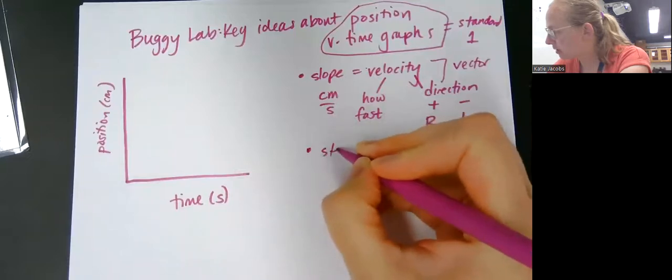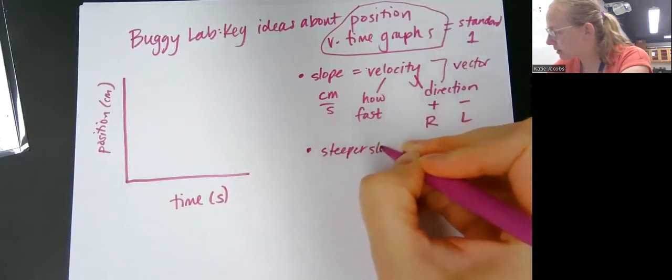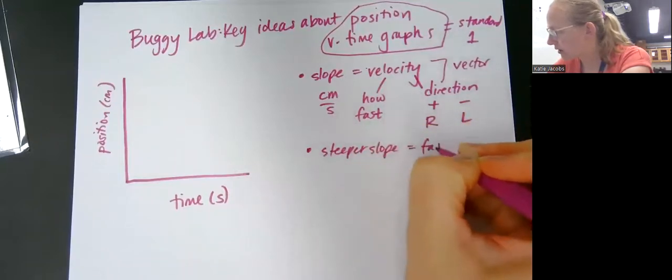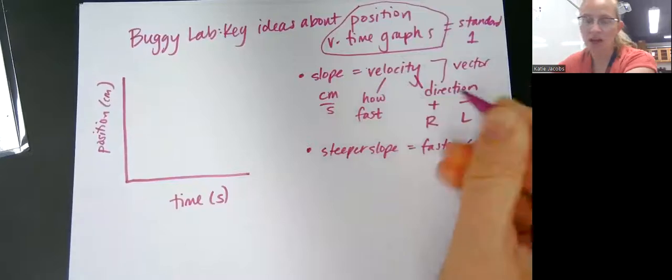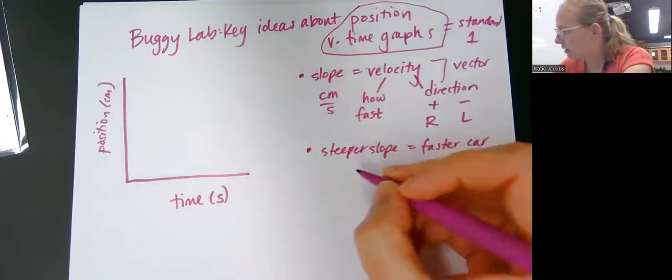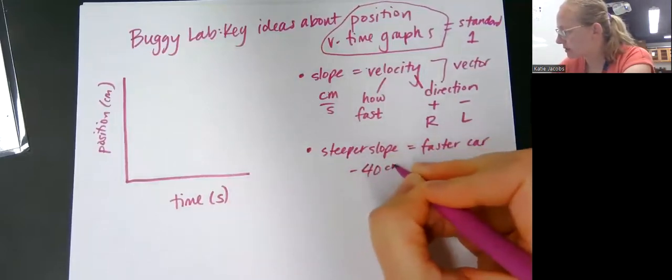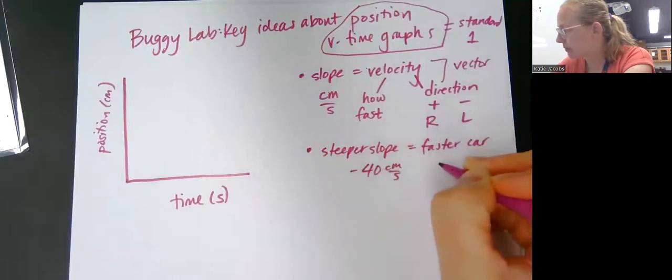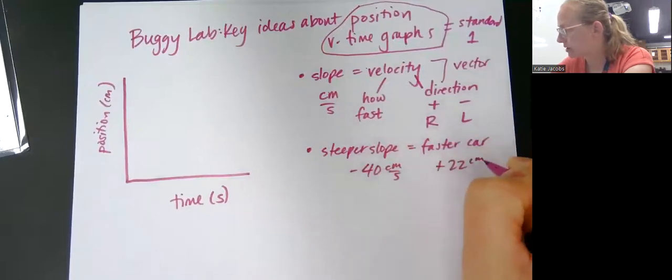The steeper the slope, the faster the car on this kind of graph, which is more intuitive than the other graph where position was on the x-axis. Even if it's steep negative, a steeper negative slope is still a faster car than a shallow positive slope. For example, negative 40 centimeters per second is faster than positive 22 centimeters per second.